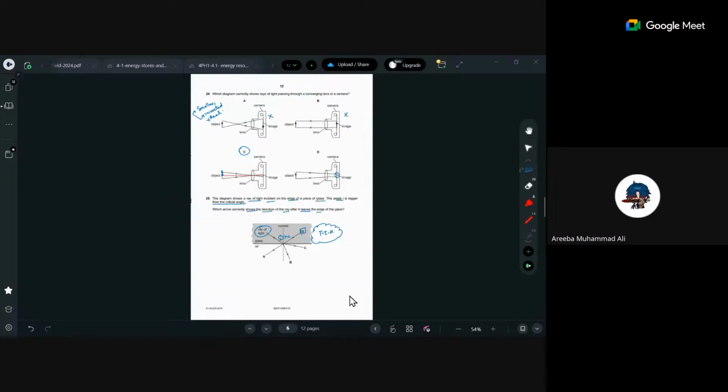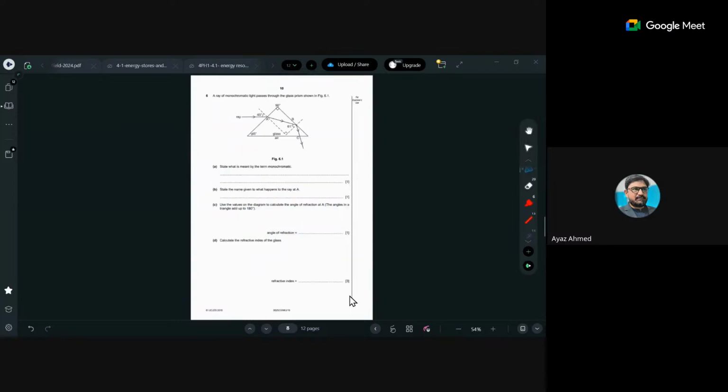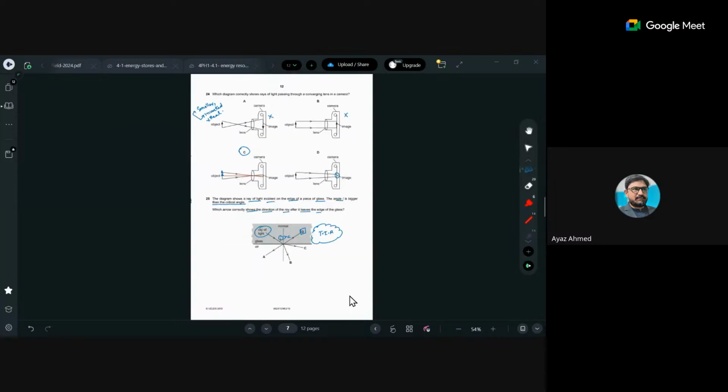Next page, 24 and 25 are there. So 24C and 25D. That is it. Okay, got it.